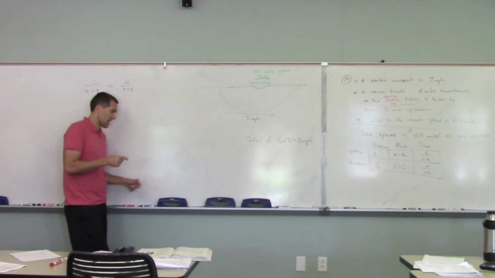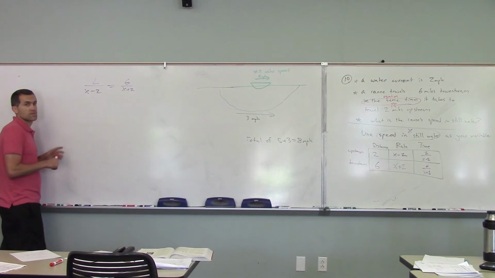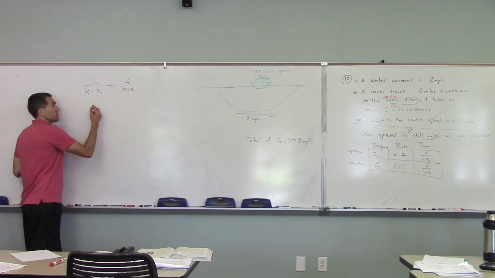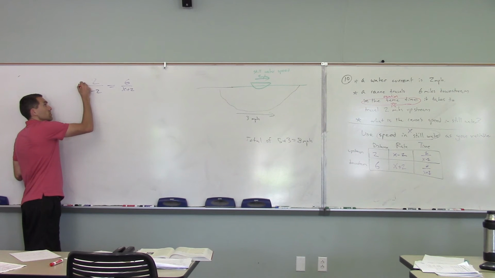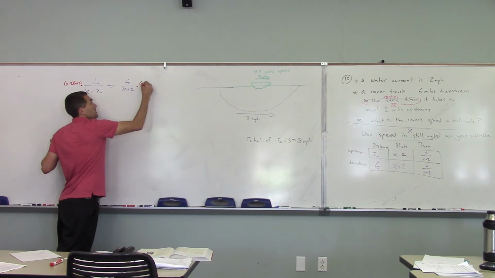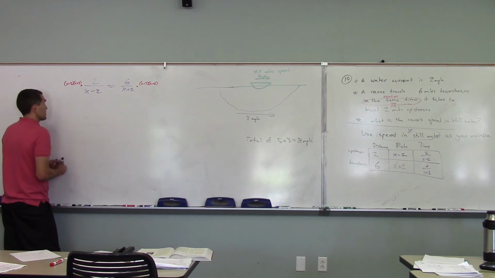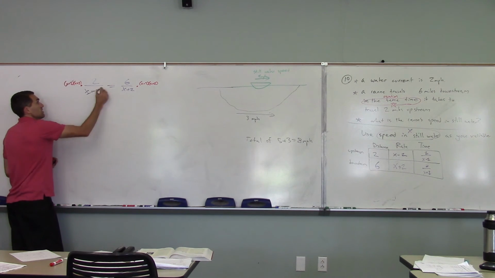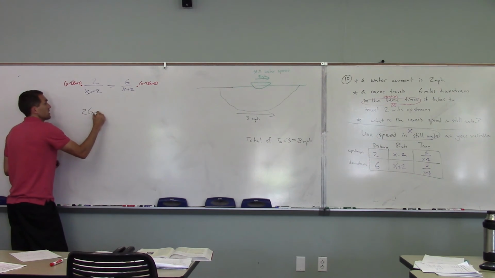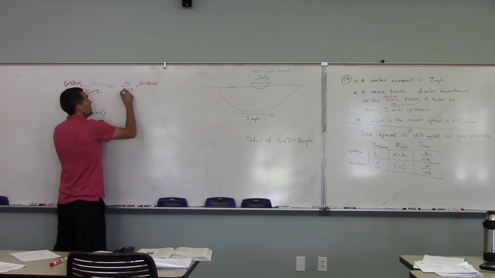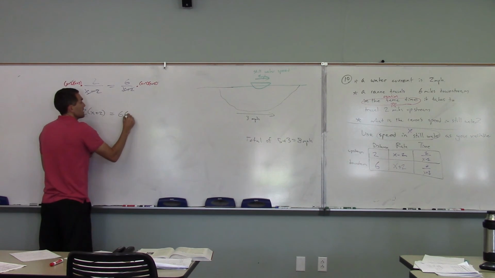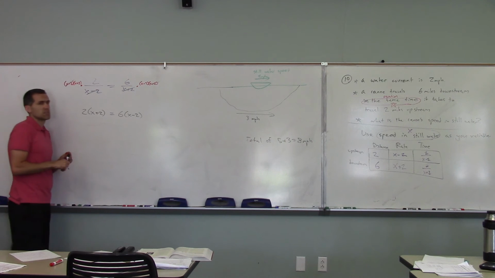Dan, you were next, yeah. You multiply it by x minus 2 in parentheses times x plus 2. Exactly, x minus 2, x plus 2 on both sides, because that was the what? LCD. That was the LCD. And once we multiply by that, these cancel, and we get 2 times x plus 2, and these cancel, and we get 6 times x minus 2, and then we just solve like normal, right?